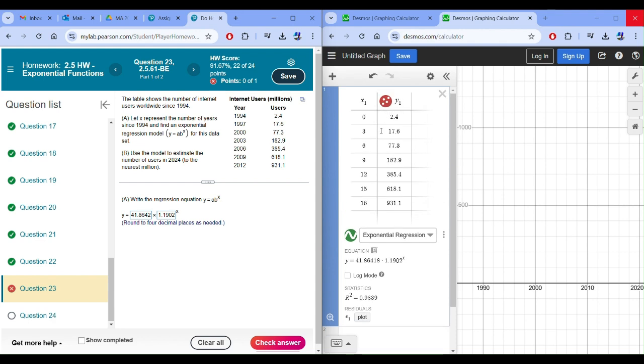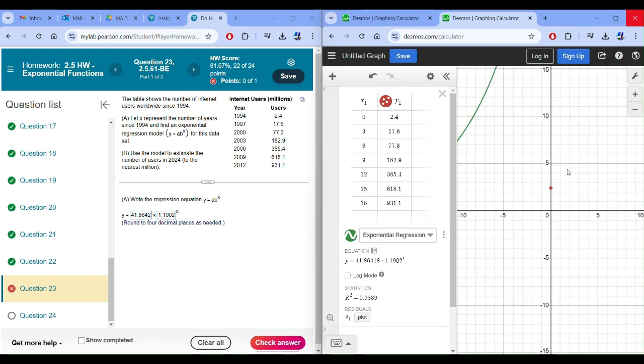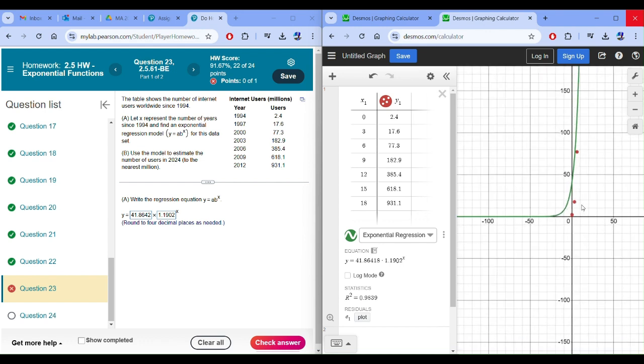3 years later, 15 years, 18931.1. Where am I wrong? Why does this equation not look anything good? It doesn't look anything like a good graph. Why is it not?